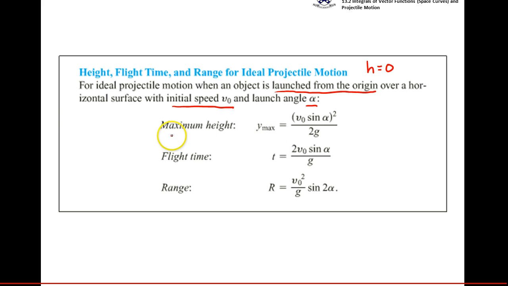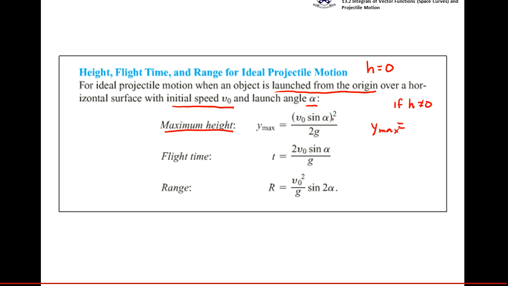The maximum height reached by the projectile can be found by this. If h is not 0, then you just adjust for it. You say y max is the formula on this right hand side here plus h.